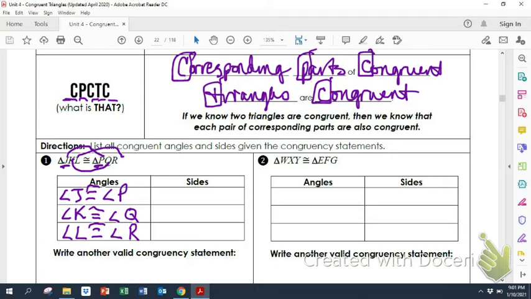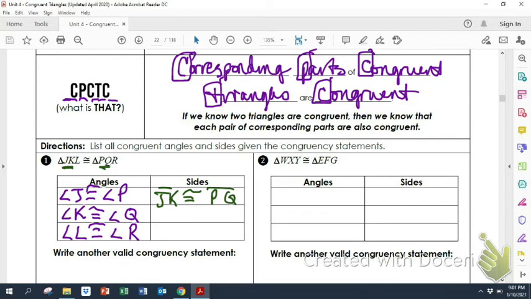Now, let's take a look at our sides, because we can do the same thing with our sides. We can start with this first one, JK is congruent to PQ.